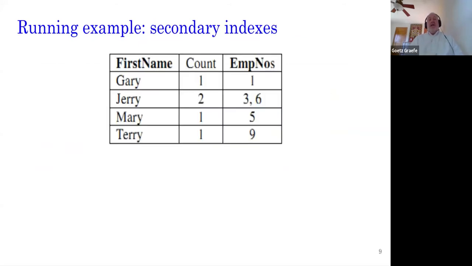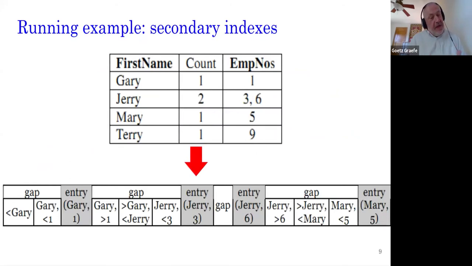So if I build an index on first name, this is what the index might look like. Because it's a non-unique index, I might actually associate with each distinct key value a count and a list of employee numbers. And the way I think about this when I want to think about concurrency control, I think not about the list of index entries at the top, but I think of a sorted sequence.